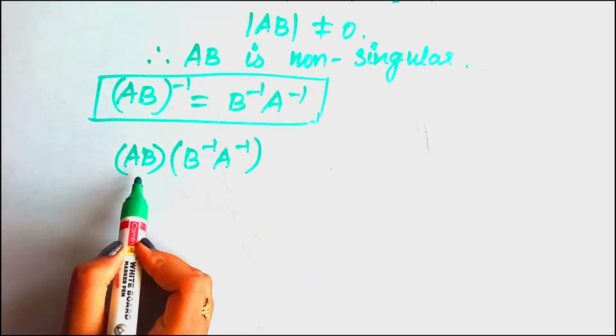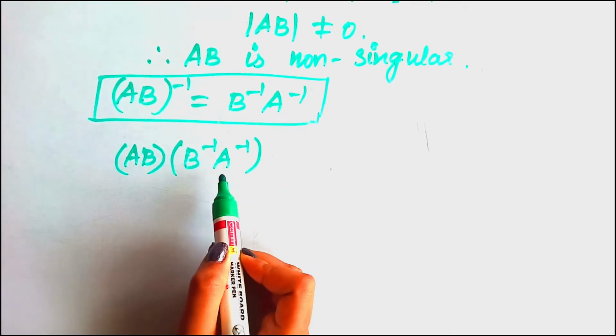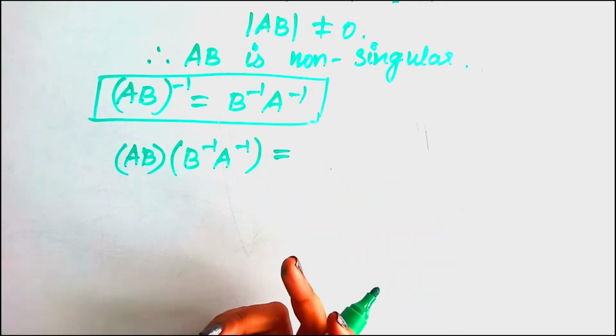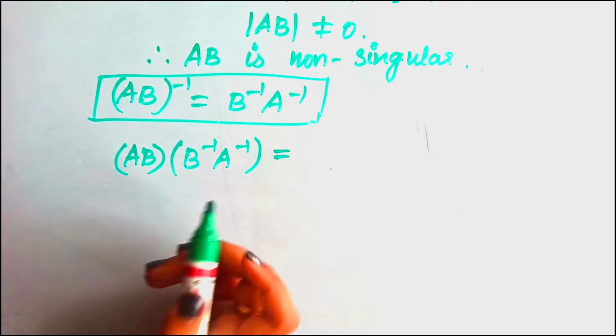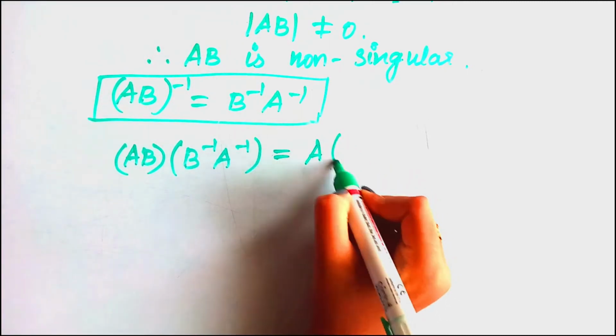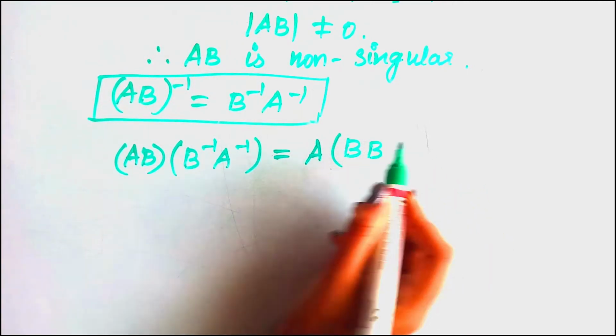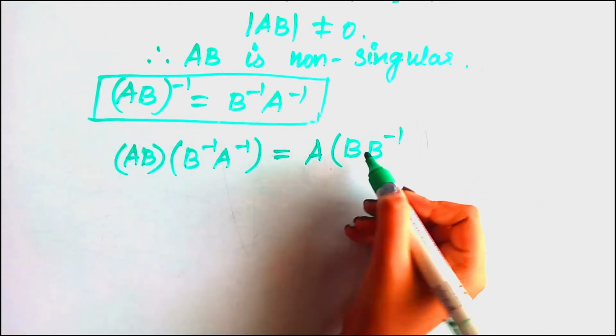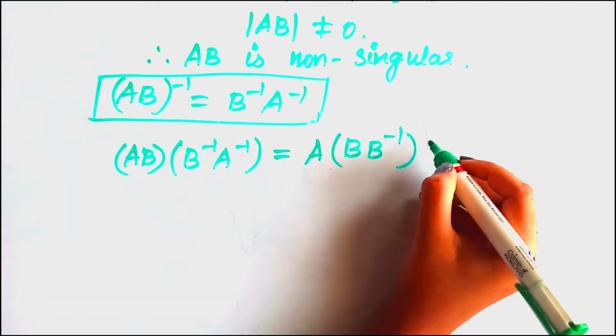So we are taking AB into B inverse into A inverse. Then we use the associative property for changing the brackets, so that we get A into B inverse. Here we change the brackets, so we will get B into B inverse and A inverse will be left alone.